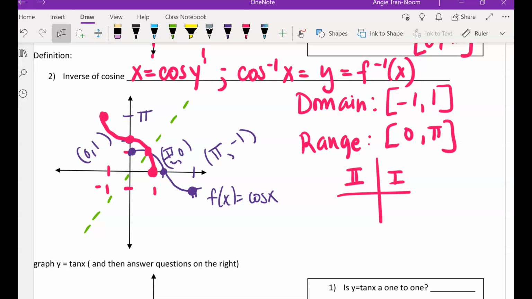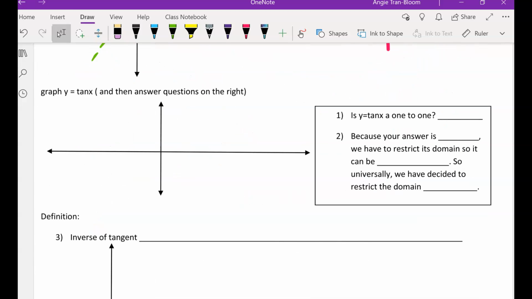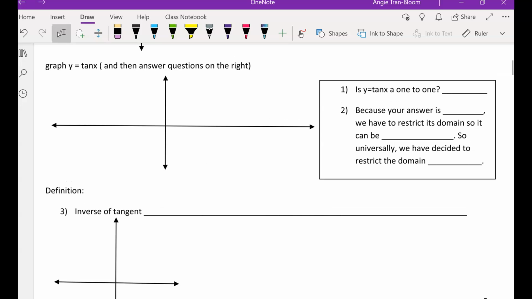If you know how to fill out the domain and range and all that good stuff for the inverse, go for it. Get a head start. So far, so good. Because tangent is y over x.